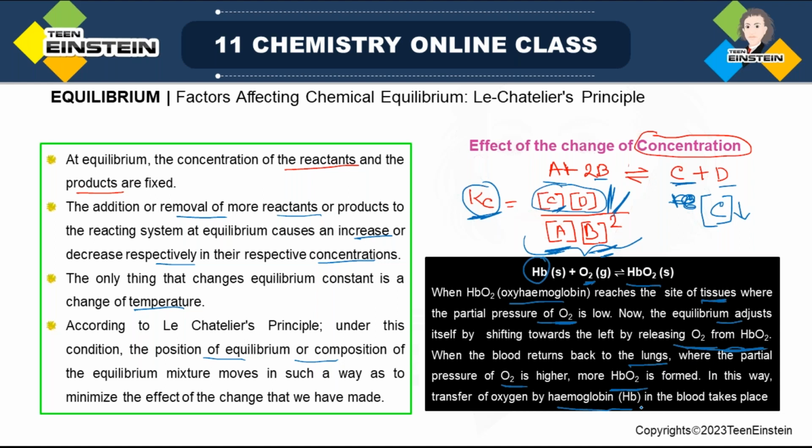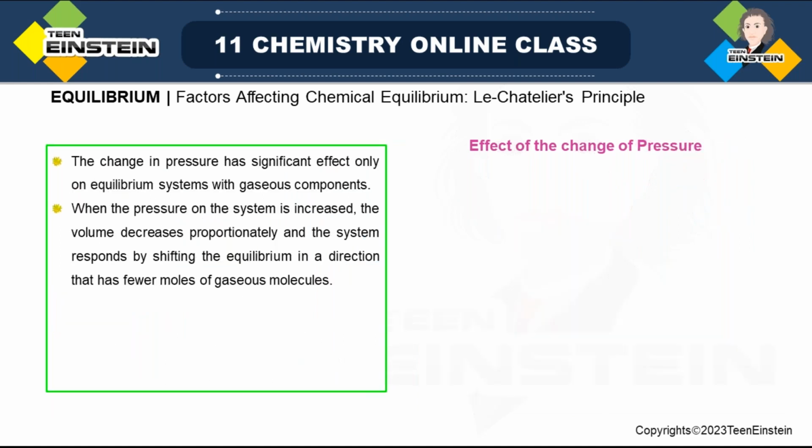So this is the first factor, the effect of change of concentration. The second one is the effect of change of pressure. When pressure is changed, how it affects the equilibrium, we'll see now. The change in pressure has a significant effect only on equilibrium systems with gaseous components, because if it involves ions in aqueous solution, then the change of pressure is not so significant.